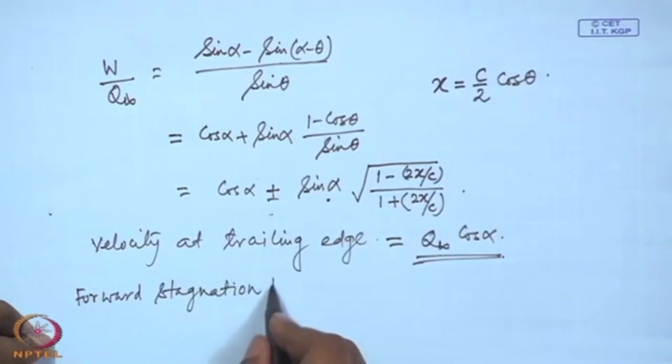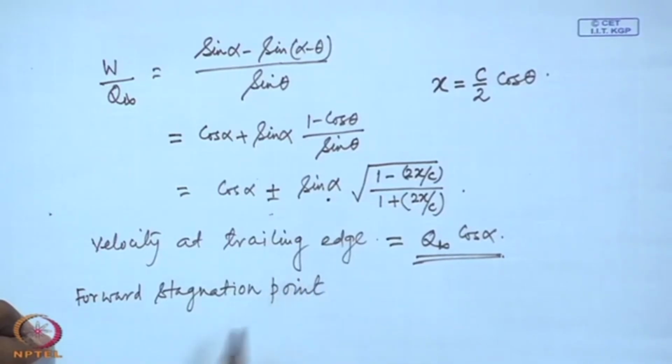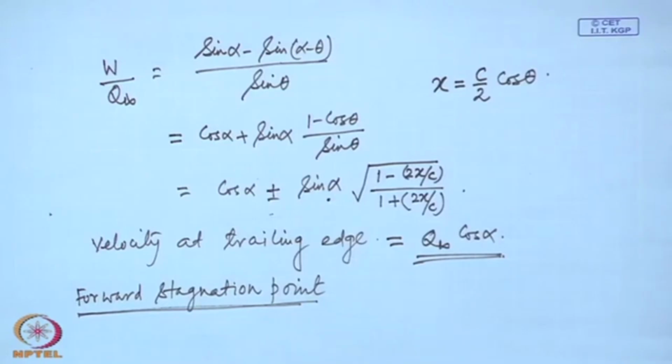Think in terms of theta itself first. For the circle, where is the forward stagnation point? At theta equal to pi plus alpha. Then where is that on the flat plate?